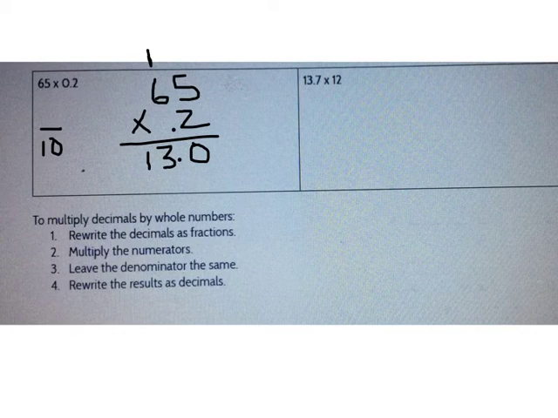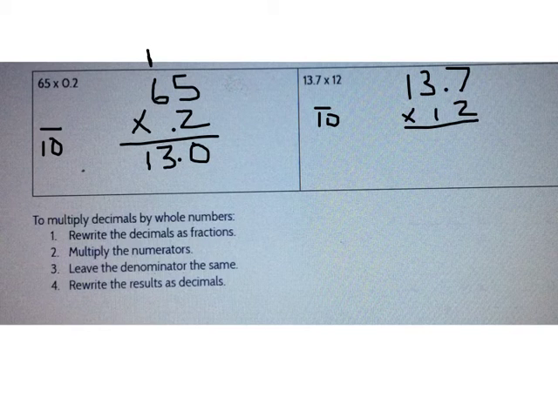Let's look at another example. 13 and 7/10 times 12. Again, this has a decimal that's in the tenths place, so my answer is going to need a decimal in the tenths place. Now I can multiply 13.7 times 12.